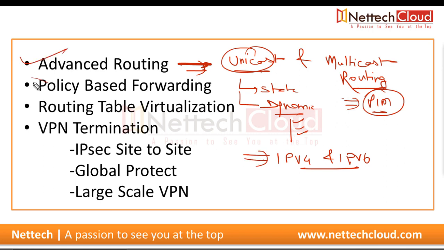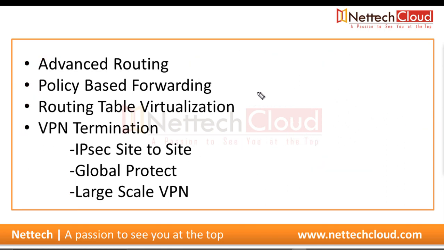Apart from that, in Palo Alto firewall, we can even configure PBF, that is policy based forwarding, very similar to PBR, policy based routing in Cisco routers, right? In Cisco routers, we create a route map, and with the route map, we configure policy based routing. So here in Palo Alto firewall, there is policy based forwarding.